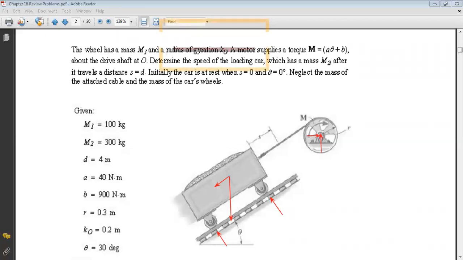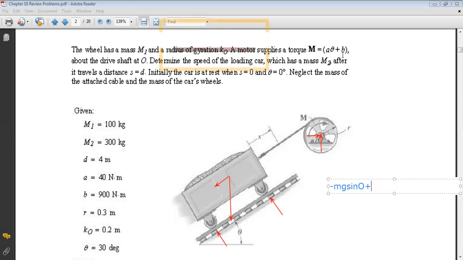Very good. So now, if I write my equation, I have the work of the weight, which is minus mg sine theta, plus the work of the couple. But here you should pay attention. You cannot write M times delta theta. Why can't I write plus M delta theta? Because the couple M is a function of theta.